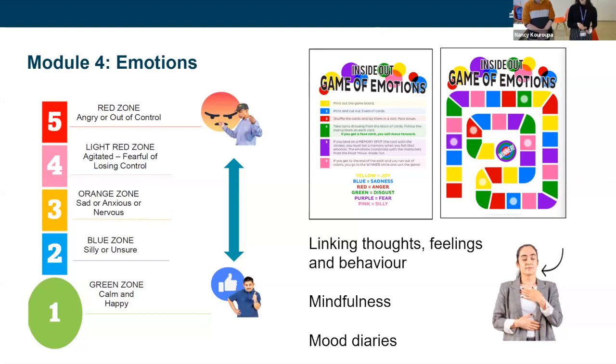So using this feelings thermometer, and by playing this game, we're talking about different memories when someone's experienced a certain emotion. And it may be that this needs to be adapted for the person, so that if someone isn't able to label 5 different emotions, that's okay. It can be adapted to just look at happy and sad, if that's what the person's able to do, and the therapist can practice labeling different emotions in different ways for this module.